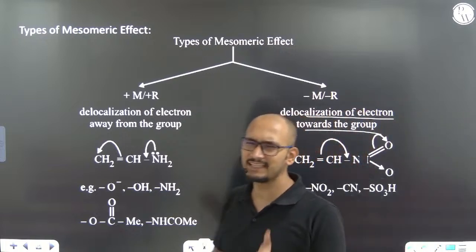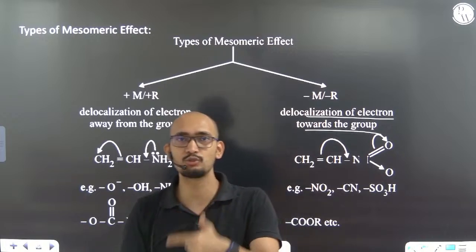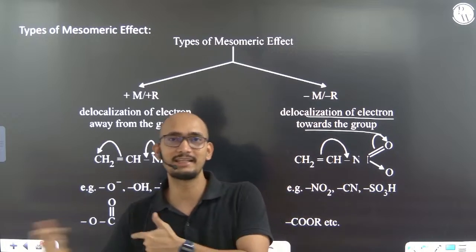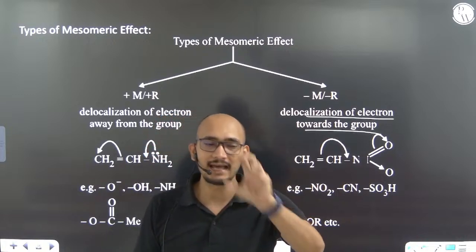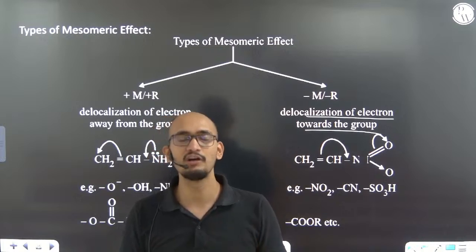Always remember, if any atom is directly attached to a carbon that is in the conjugated system, and the directly attached atom has a lone pair, it will always show plus M effect.